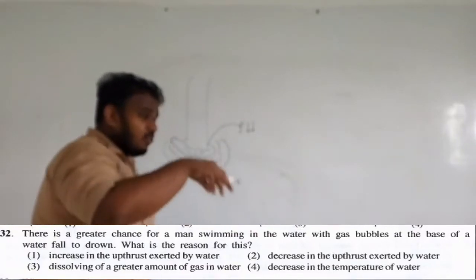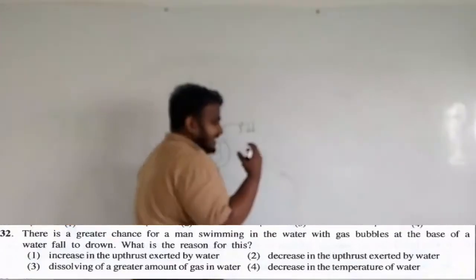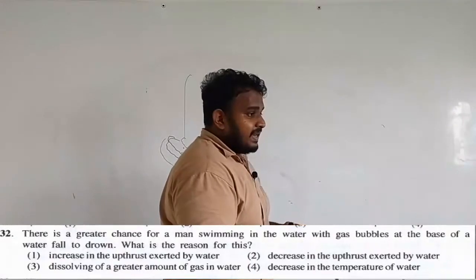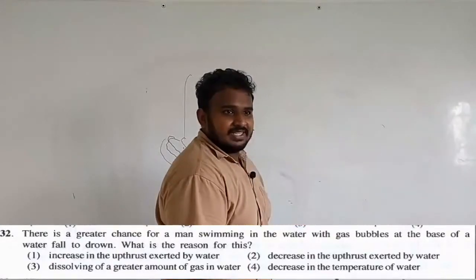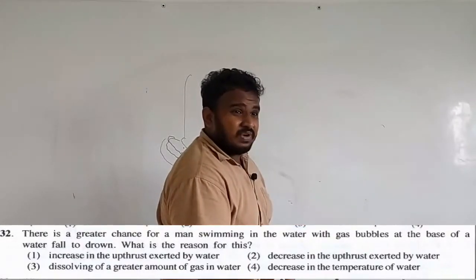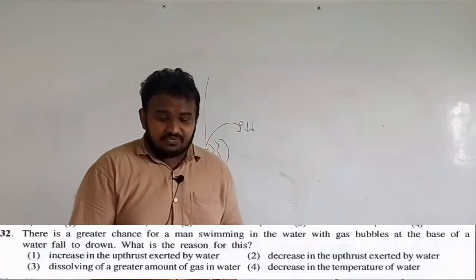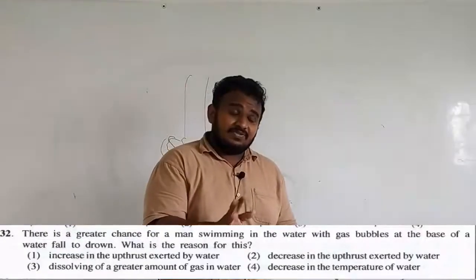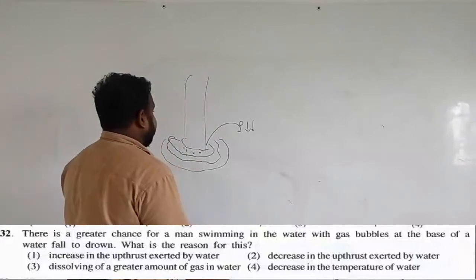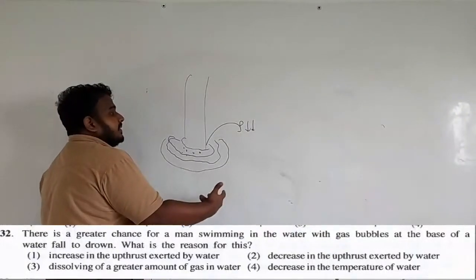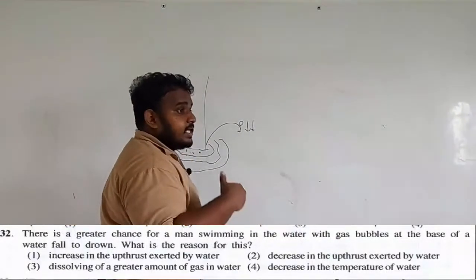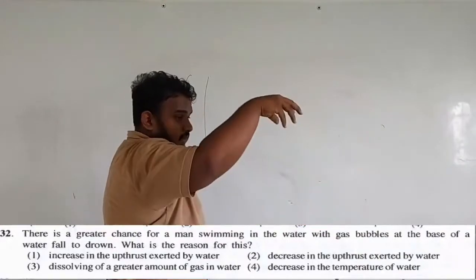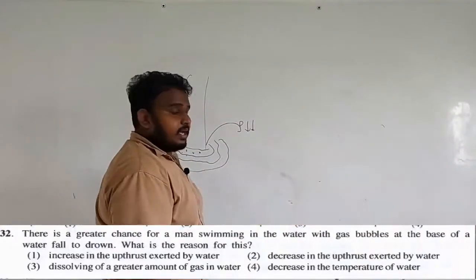When the density of water reduces, we know that the upthrust depends on the density of the liquid. If the density is less, what could happen? Less upthrust will be exerted on the body, and there is a high possibility for the body to be drawn down.